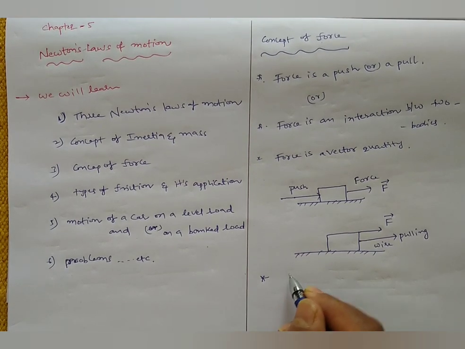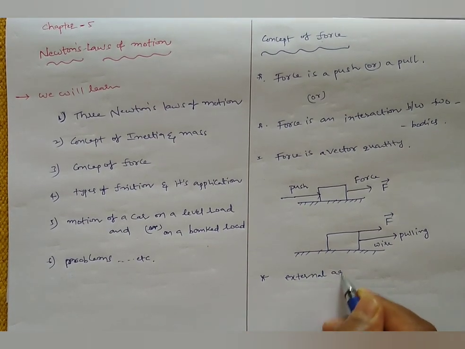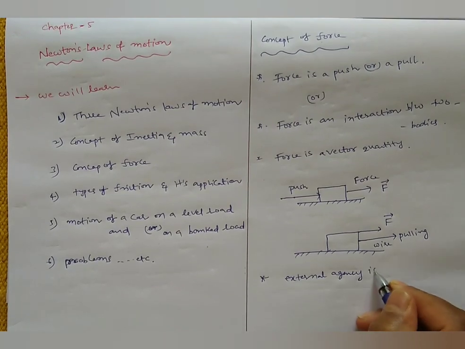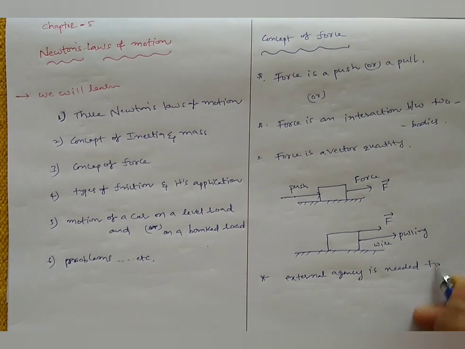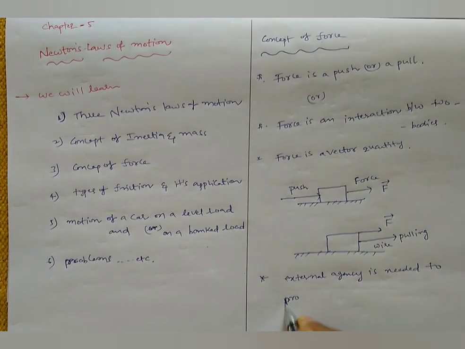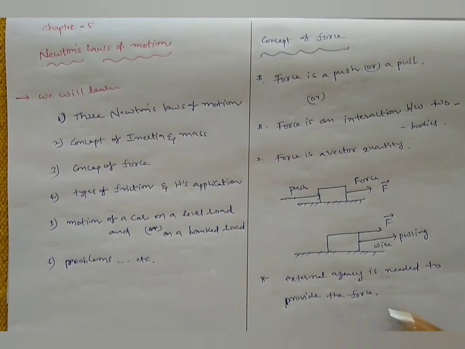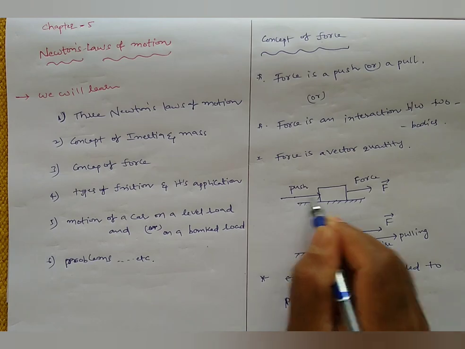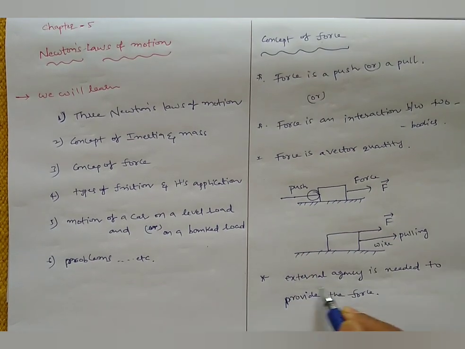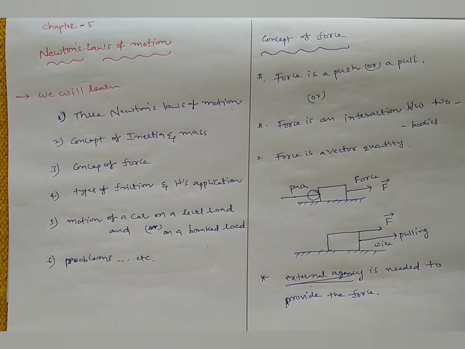So in this case some external agency is required. External agency is needed to provide the force. In this example, if I am using my hand, that means my hand becomes the external agency. So like that we will apply the force on the object.